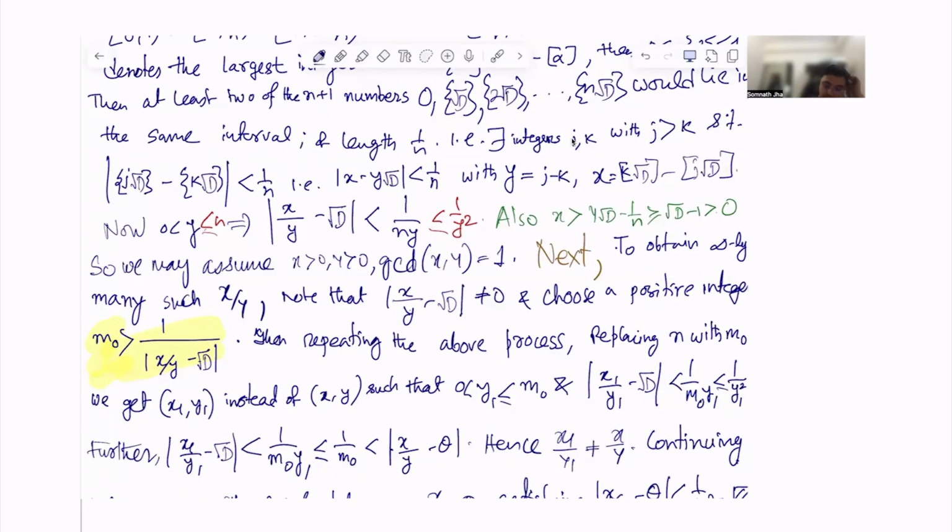This is just the same thing: instead of n, you apply m naught, and you get your x1 y1.